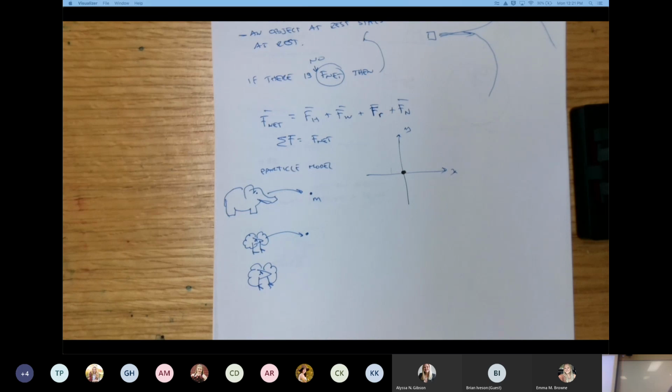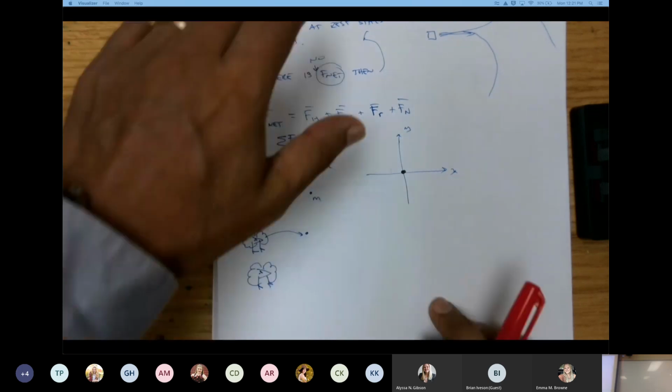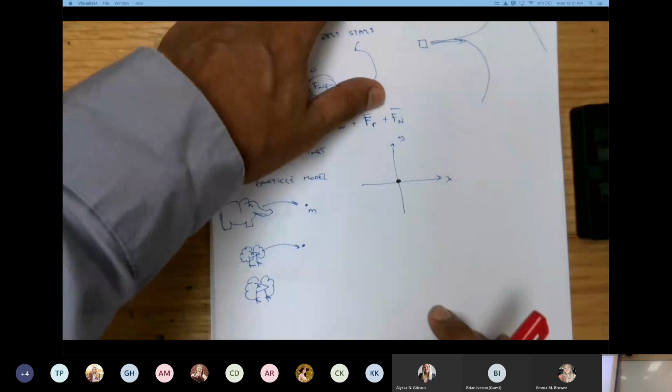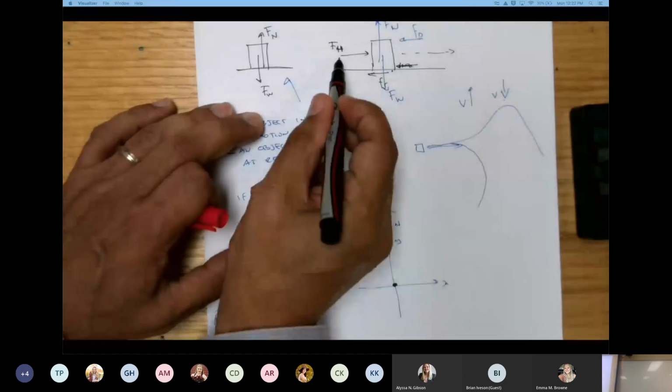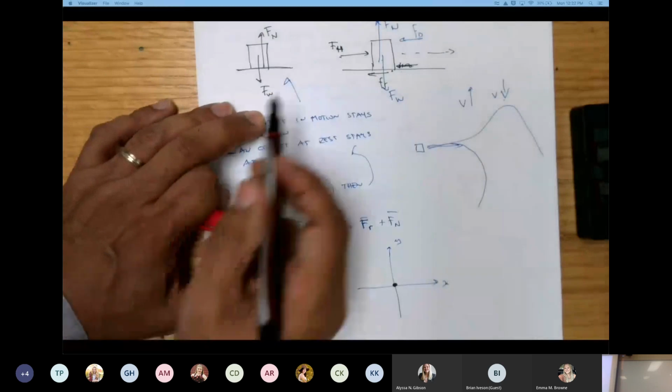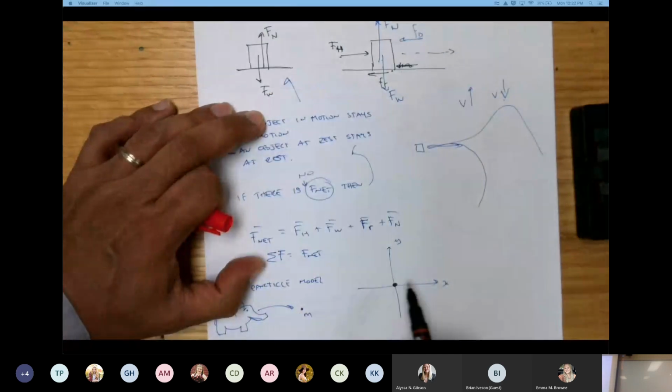So the tail of each force is going to start at my object. For example, if I have the force of the hand, I'm going to put its tail on my object. So I'm going to do it like this.